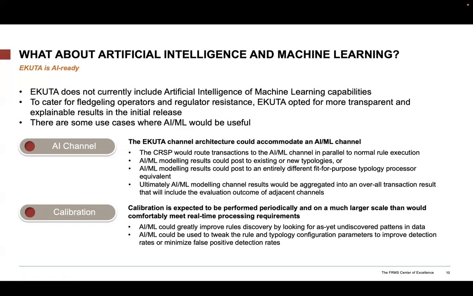So the question that always comes up is, why didn't you make this as an AI? I think we just did a good job of explaining it. Not only is the regulator not ready yet, but to be honest, this is about making a simple tool that can be used in the marketplace. Some markets that we touch are less sophisticated compared to others, and so we went with a relatively simple model.